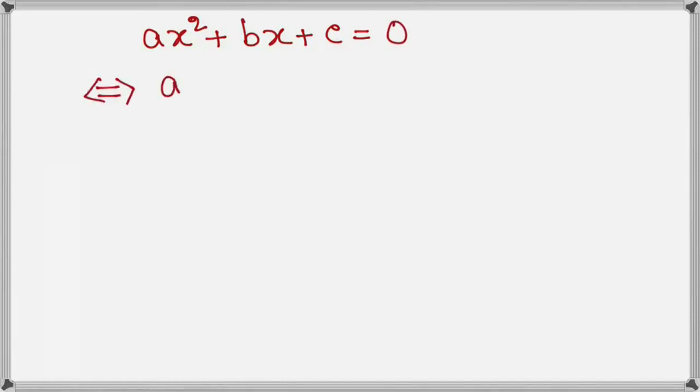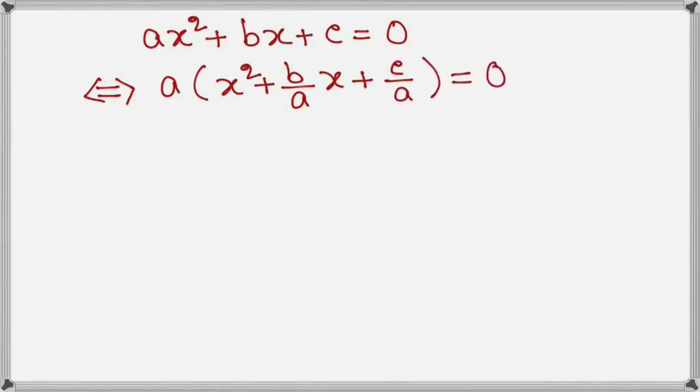So our equation is ax² + bx + c = 0. If we take a out, we get a(x² + (b/a)x + c/a) = 0. We can divide by a because a is non-zero.